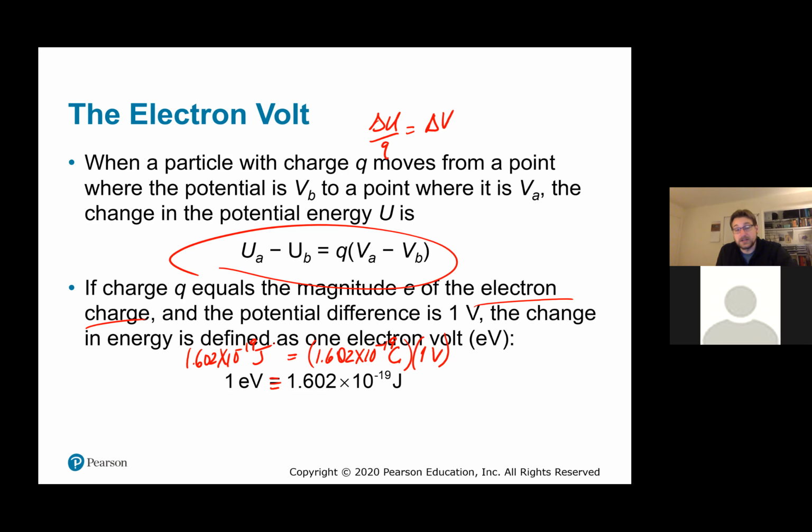Well, that's going to be an awful lot of writing, 1.602 times 10 to the negative 19 and multiples of it. Let's save ourselves the trouble. One electron volt. Electron volt is not a unit of potential. It is a unit of energy. It is equivalent to joules, not to volts.